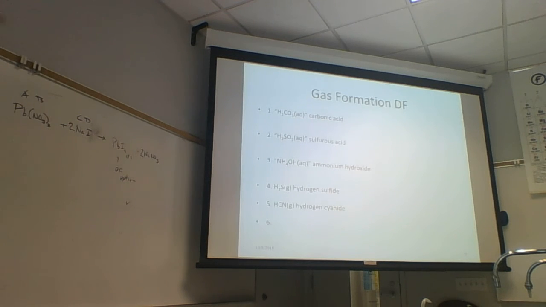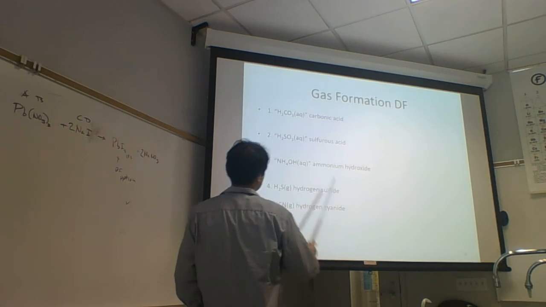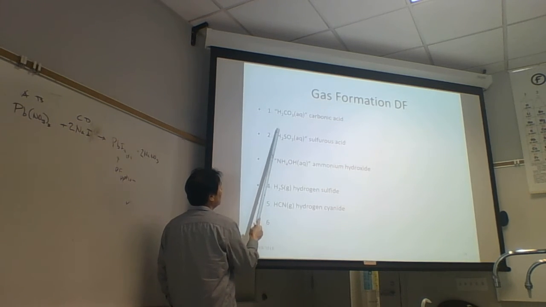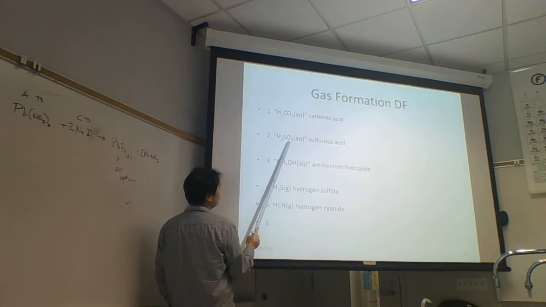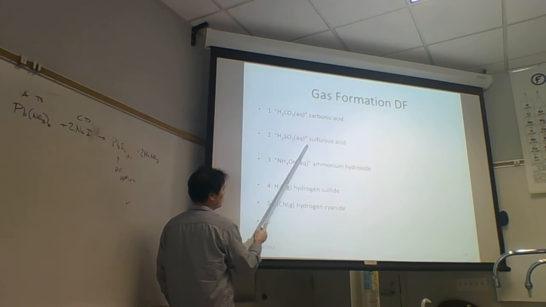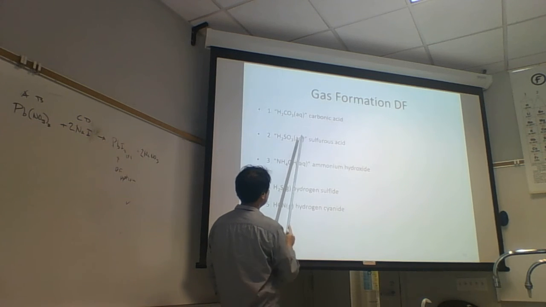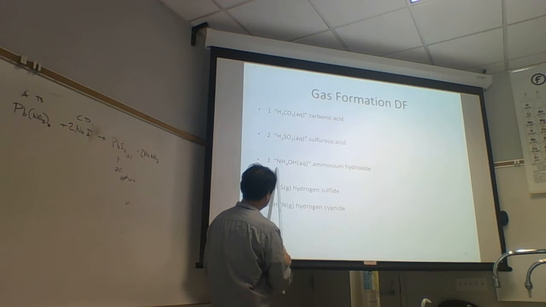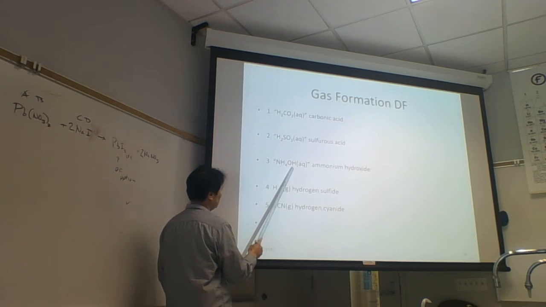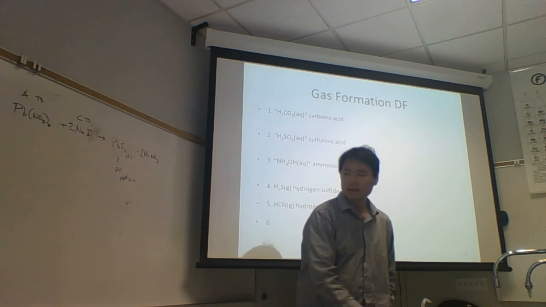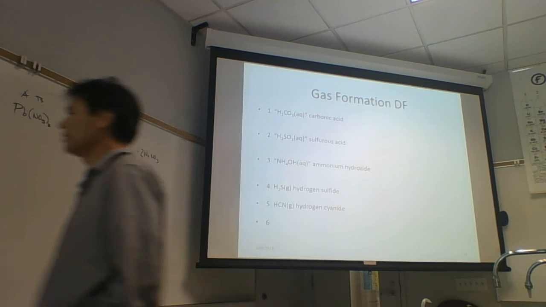There are other species similar to carbonic acid. One is sulfurous acid. Sulfurous acid is unstable as well. Sulfurous acid is going to form H2O plus SO2, sulfur dioxide. So rather than carbon dioxide, we form sulfur dioxide. This is also toxic. This is ammonium hydroxide. Ammonium hydroxide is unstable, but a little bit can form.